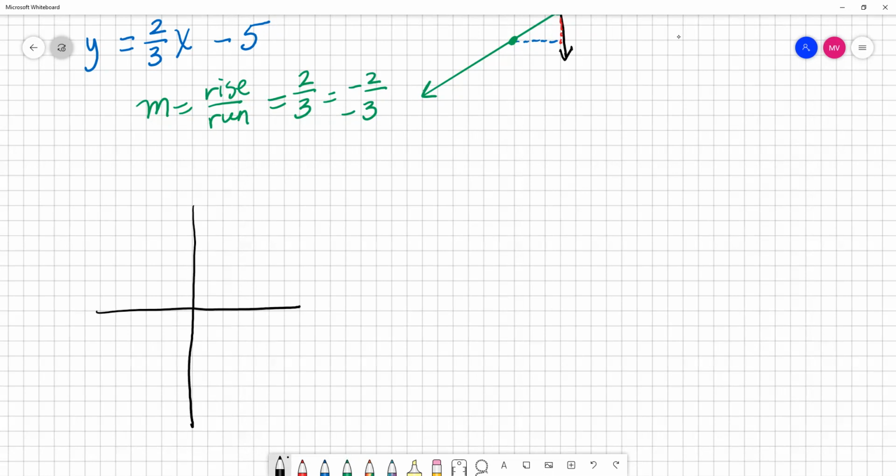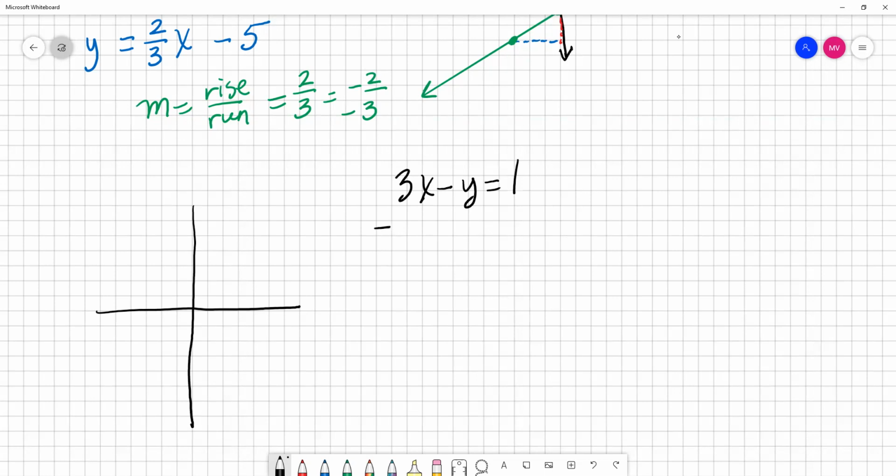What do we know about the slopes of parallel lines? They're equal, right? They're both going in the same direction at the same angle. So all we need to do in this first case, doing parallel, is take our equation, 3x minus y equals 1, and put it in slope-intercept form.